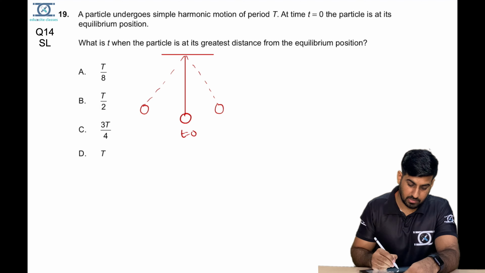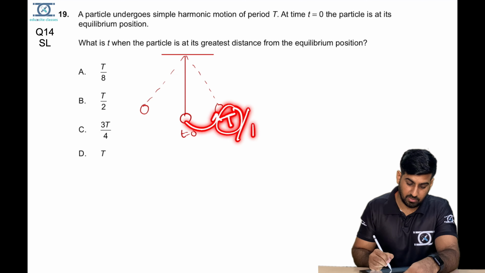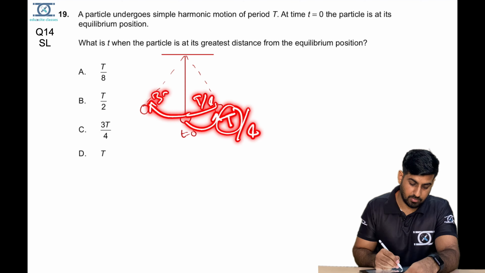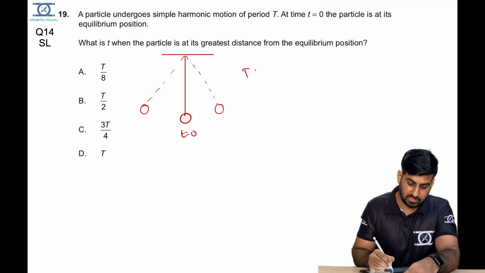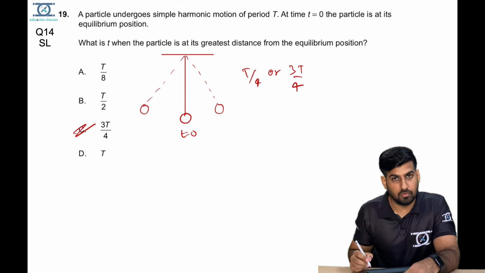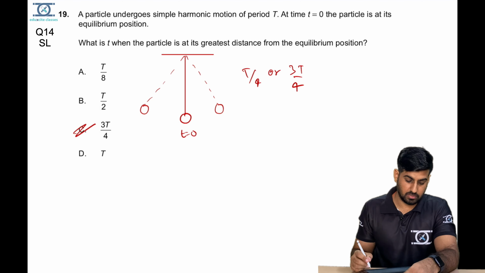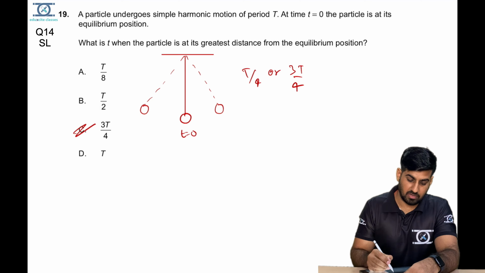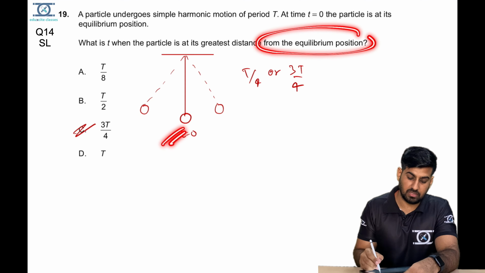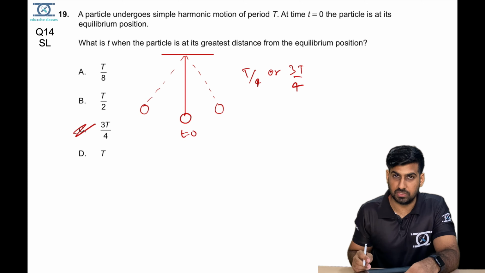From here till here it will take, if total time period is T, T by 4, again T by 4, then 3T by 4 and then at T. So there are two possibilities, either T by 4 or 3T by 4. Just check the options, only one option is there, 3T by 4, there is no T by 4. So that will be the time at which it will be at the greatest distance, that is the extreme position.